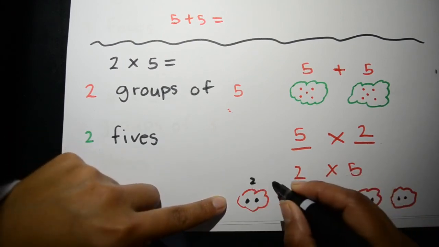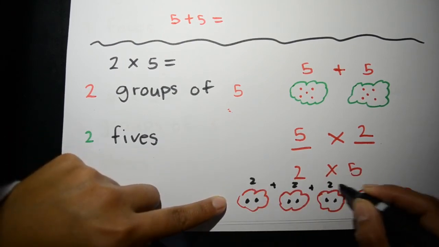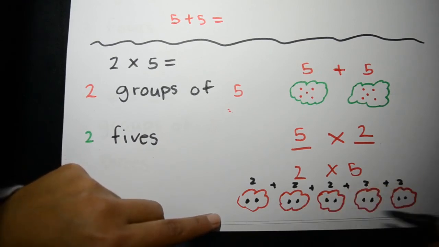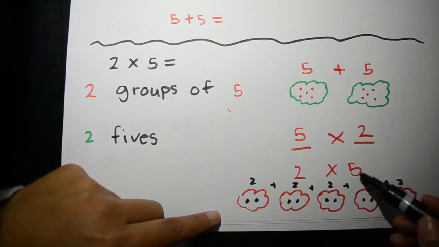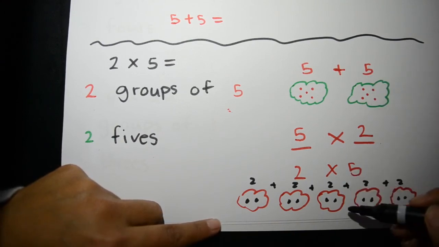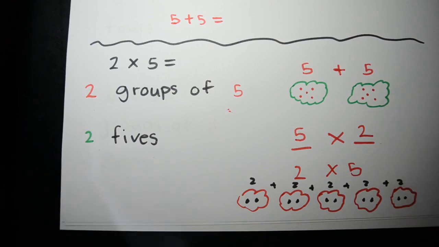So it's 2 plus 2 plus 2 plus 2 plus 2. And that's 5 times. So they give you the same answer, but the way you get to the answer is a little bit different.